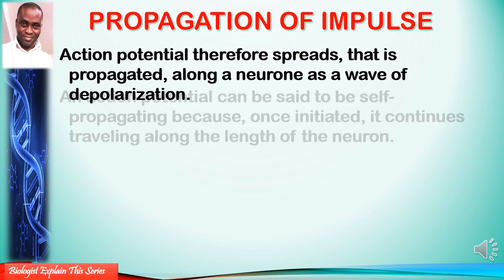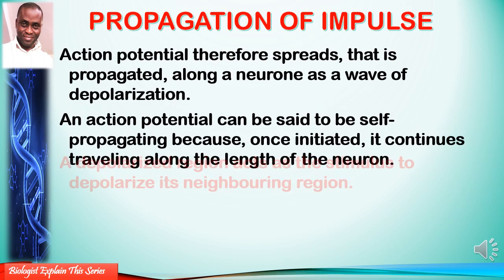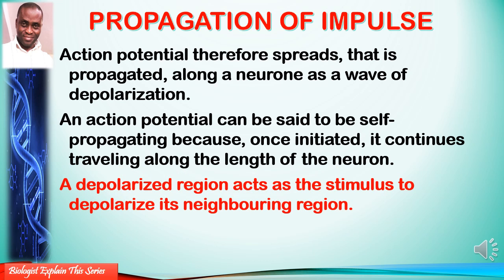So as you can see so far, an action potential along the length of a neuron spreads like a wave of depolarizations. Let's look at the analogy here in our mind's eye. Picture holding a rope in your hand, and the other end of the rope is held by somebody else or tied to something.